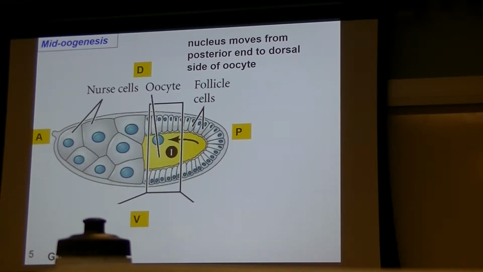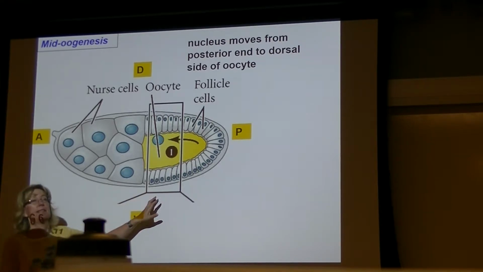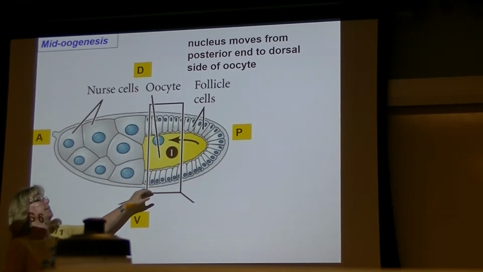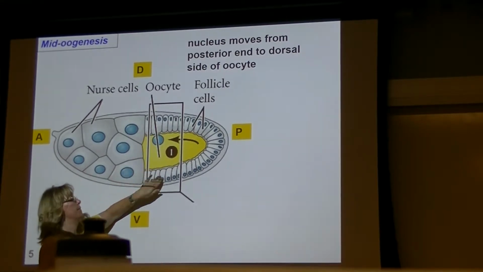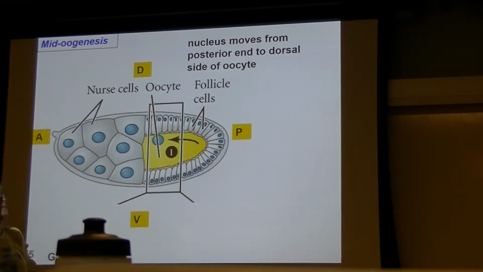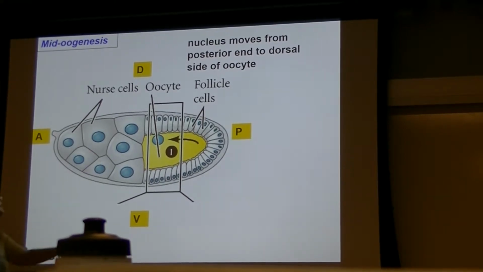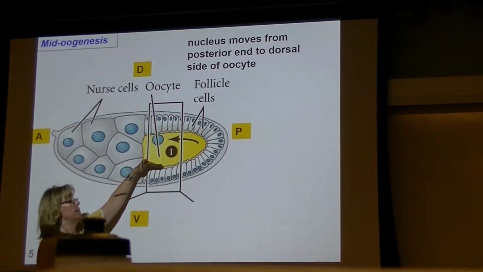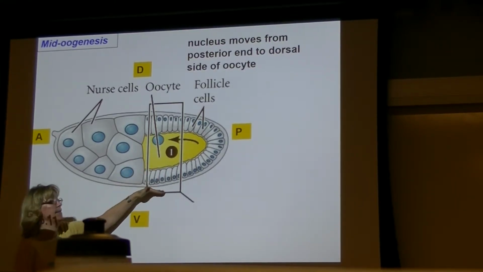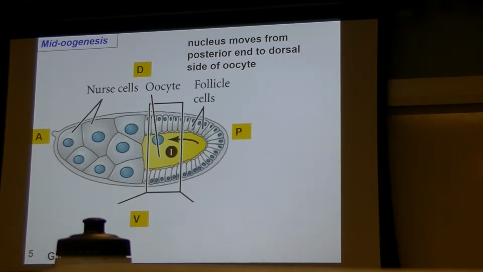So now let's take this big picture view and start to zoom in and look at what's different about this dorsal side of the embryo versus the ventral side of the embryo. This rectangle is going to be what's in your next slide, and you're going to see a layer of follicle cells, a portion of the single cell that is the oocyte, and then another layer of follicle cells down on the ventral side.